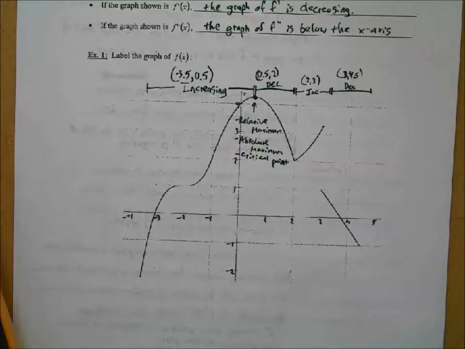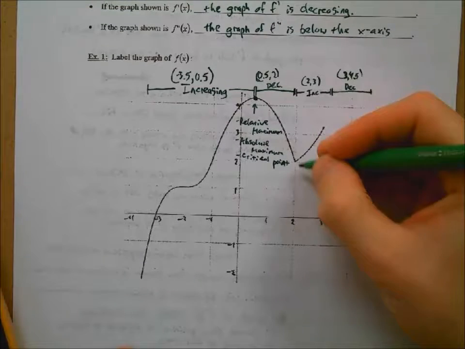Do we have any relative minimums? At 2, right here. This is a relative minimum.